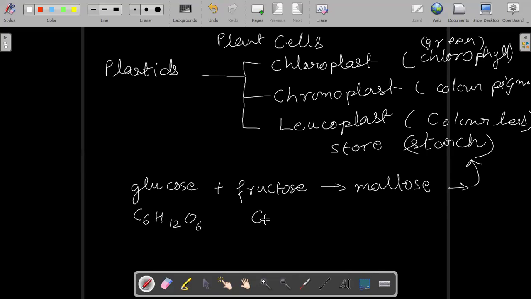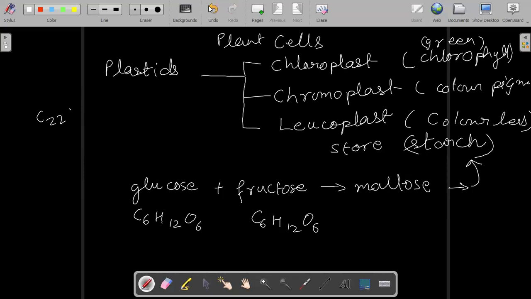Fructose is also C6H12O6, but they still differ in their molecular compositions. The formulas are similar, with a little bit of difference. Maltose consists of both glucose and fructose combined together. If two molecules of glucose combine, it gives rise to a sucrose molecule, that is C12H22O11. That is a sugar molecule.